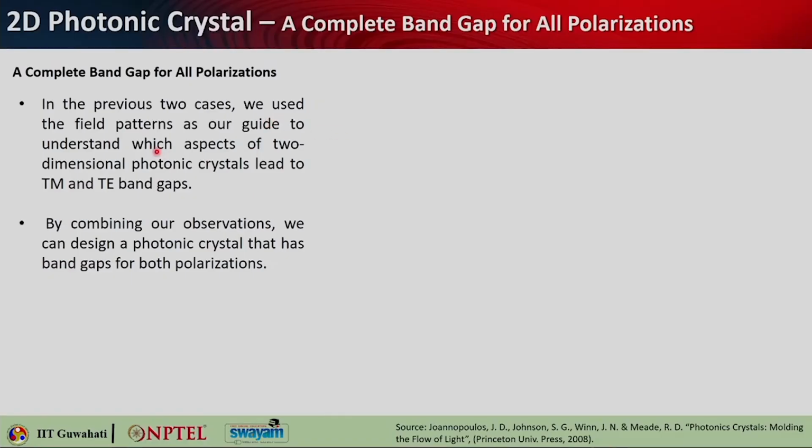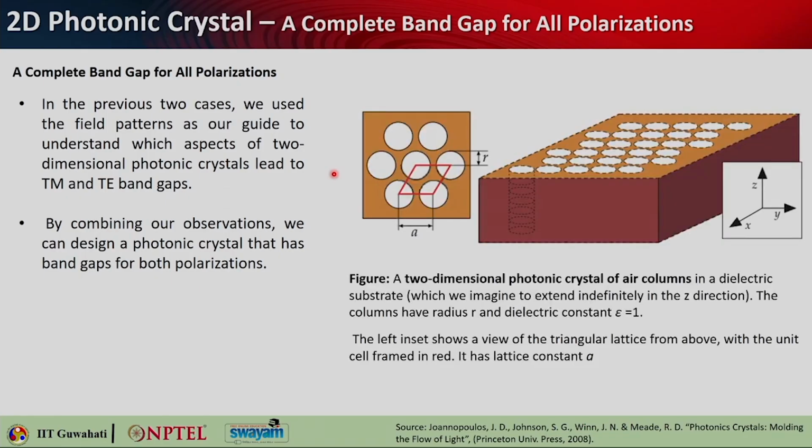In the previous two cases we have seen the field patterns as our guide to understand which aspects of the two dimensional photonic crystal lead to TM and TE band gaps. By combining our observations, we are now in a position to design photonic crystals that give band gaps for both polarizations. This is one such structure.